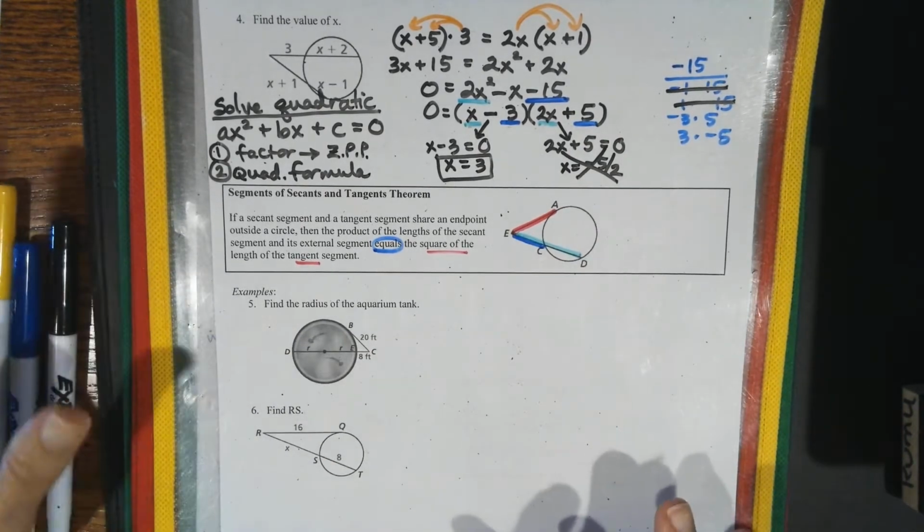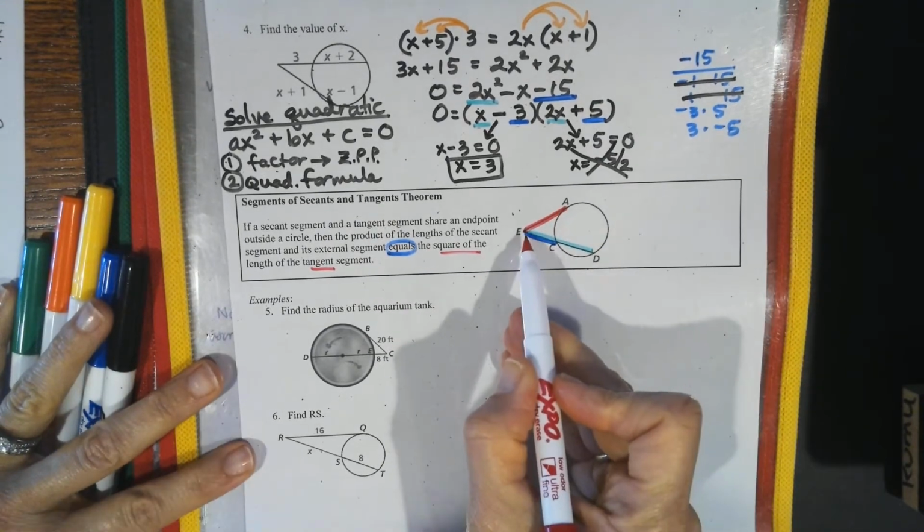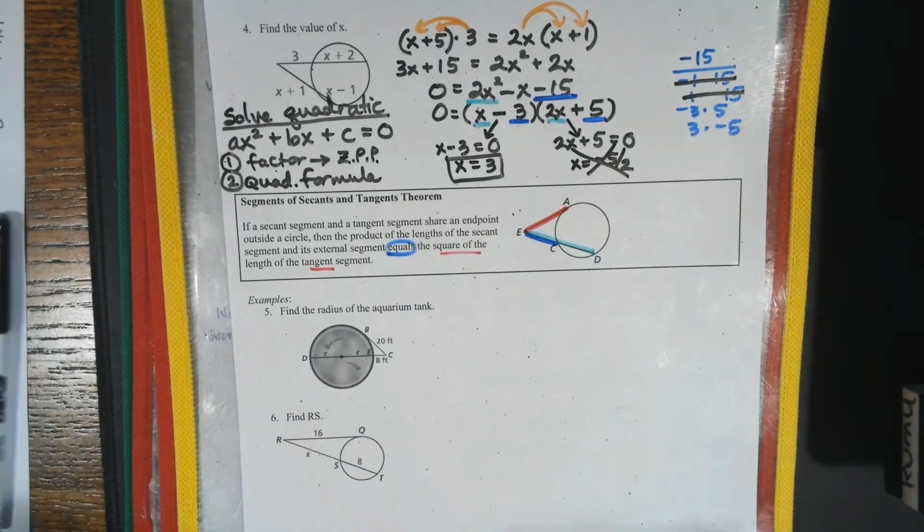So it's just like the other one, except that there's only one external. So it's ED times EC equals EA times EA.